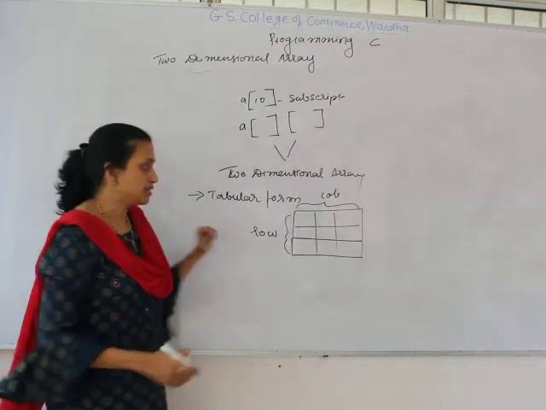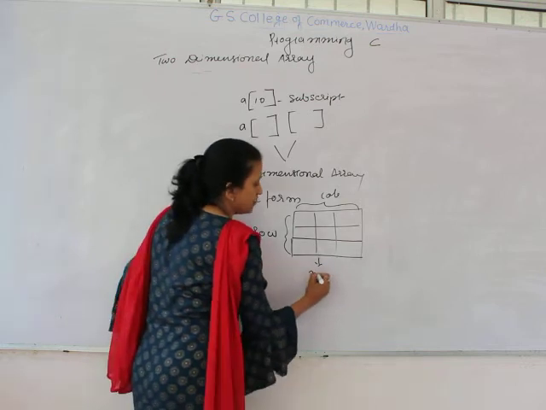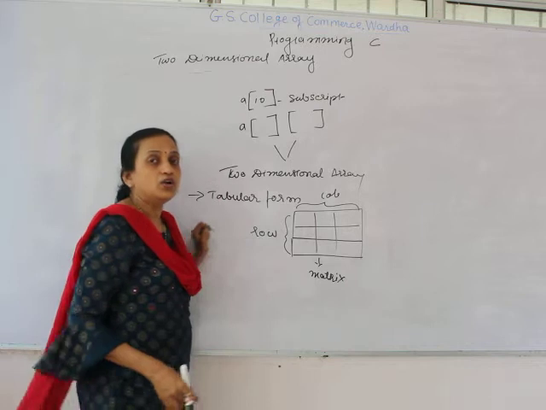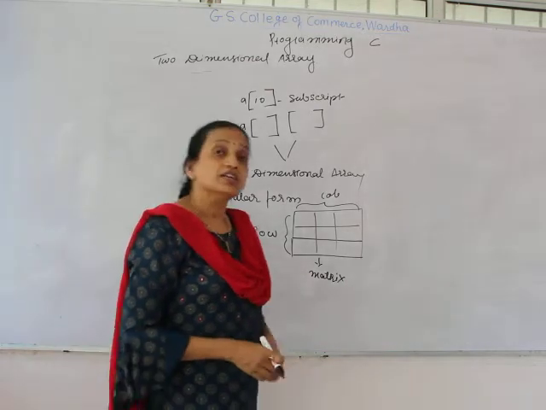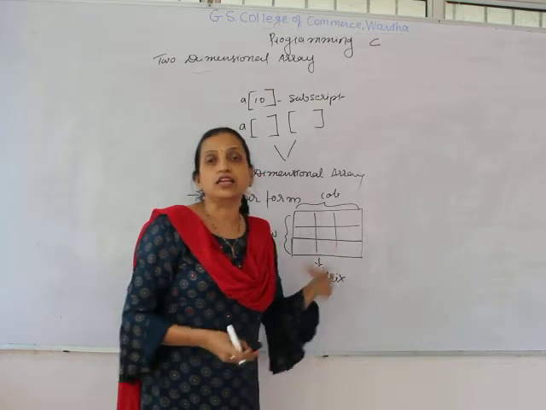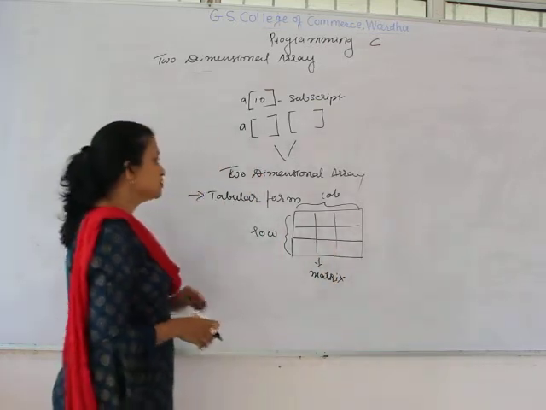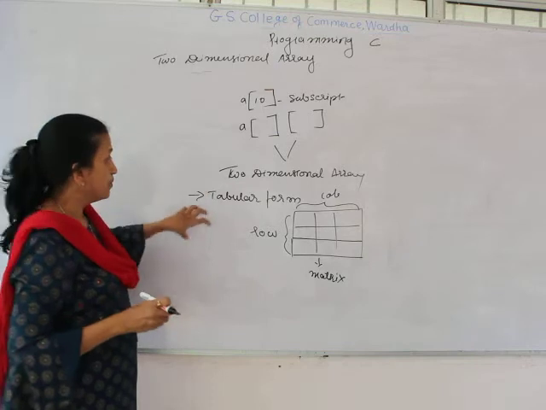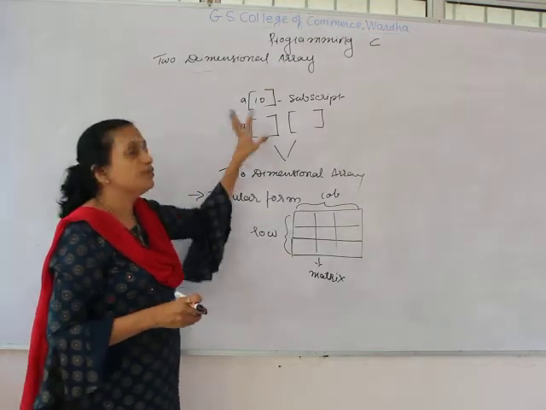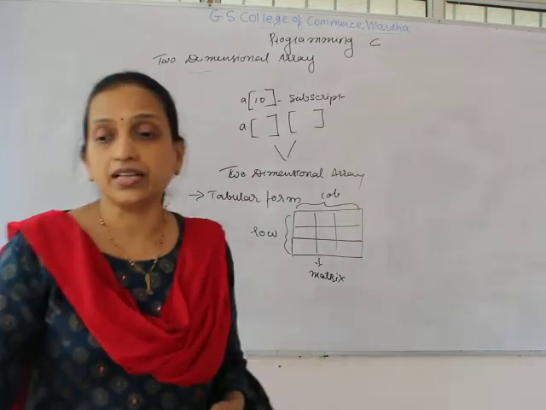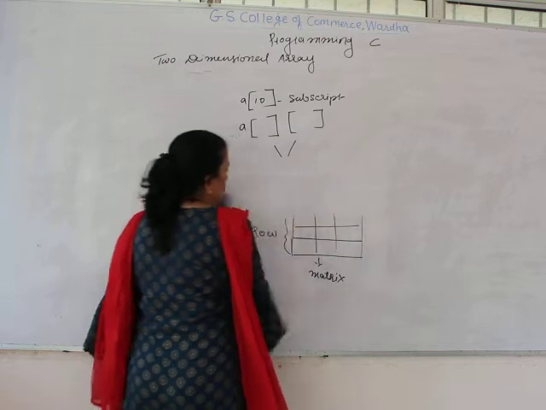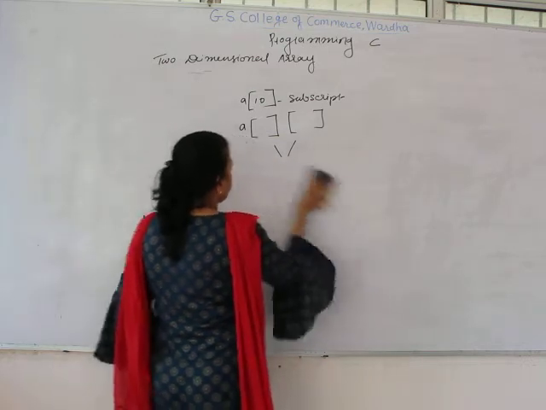This tabular form is also known as a matrix. A matrix is a table which has a number of rows and a number of columns. So to enter the data in the tabular form, we need to declare the array with a double subscripted value.